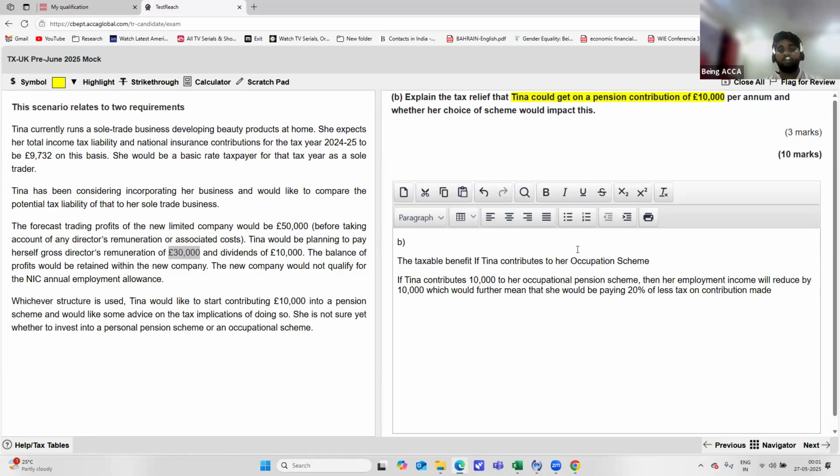Let's write it this way, because framing of the sentences for the other person to understand is equally important. If Tina contributes 10,000 to her occupational pension scheme, then her employment income will reduce by 10,000, which would further mean that she would be reducing her tax liability equivalent to 20% of 10,000.